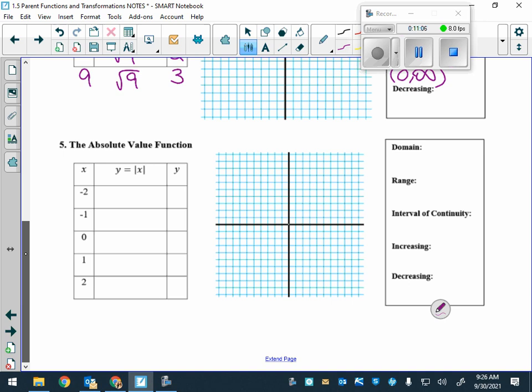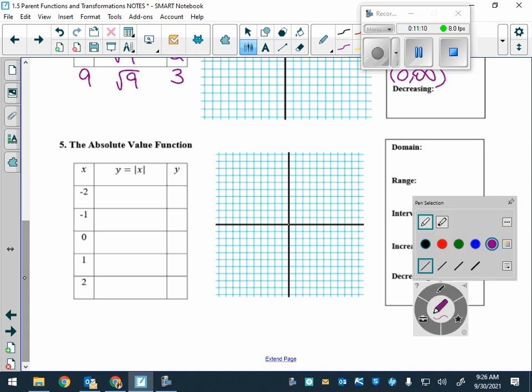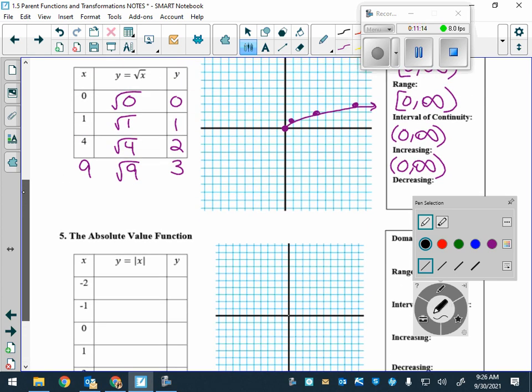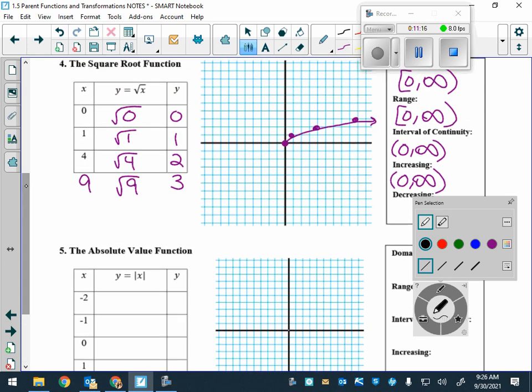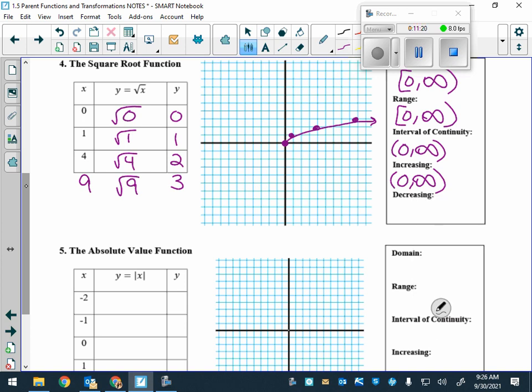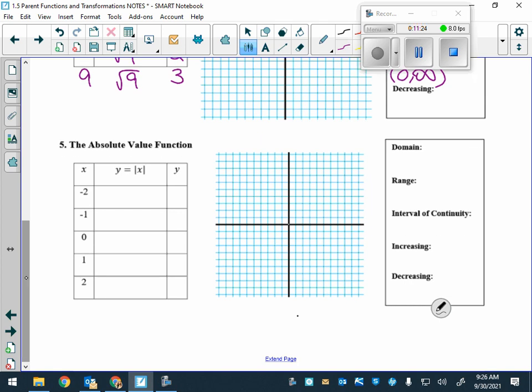And the last one is our absolute value function. For square root, why was it not on the left side? We can't have negative x values. Negative x values will make it imaginary, or not real solutions. So, absolute value.